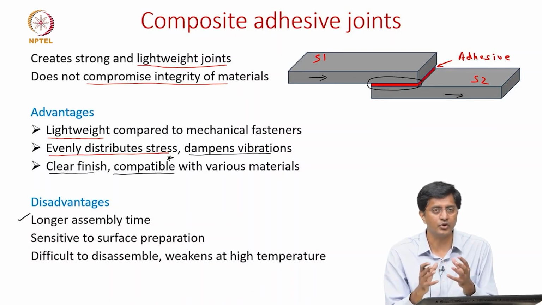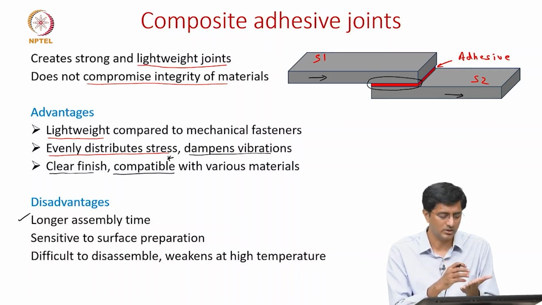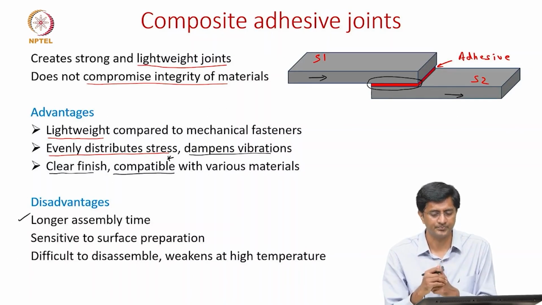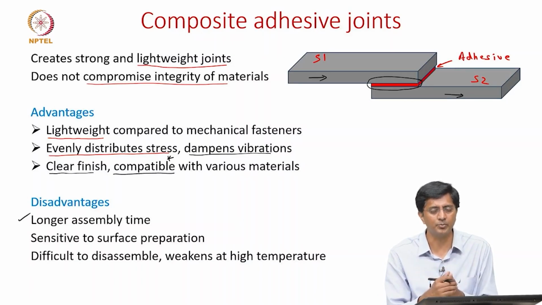I hope all of you remember what curing is, right? This is the process in which the polymerization happens and it goes from segregated polymer chains to connected polymer chains. So this curing usually takes a long time if it is done at room temperature. Usually it takes at most a day or more at room temperature.